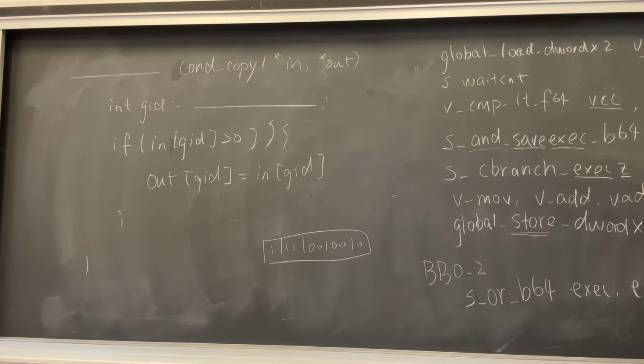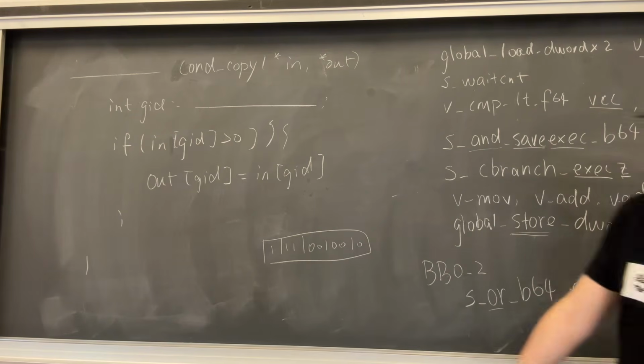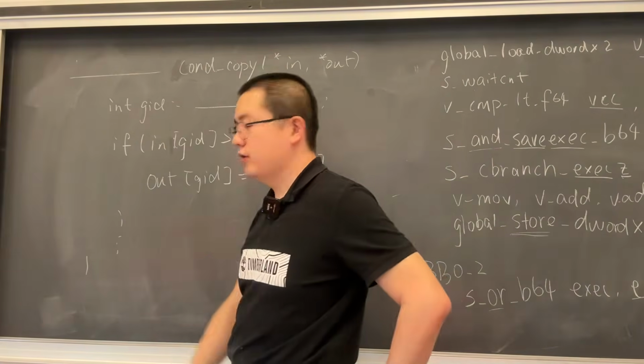And also don't think too much. EXEC is mask, right? And we store the previous exec in S45, right? We do an OR operation, which is basically recovering the execution mask right before the condition, so that if there are some instructions, we'll continue the execution.